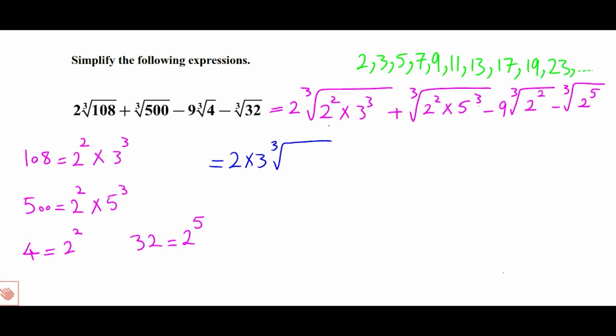So instead of writing 2 squared, I'll write 4, plus 5 times the cube root of 2 squared is 4, minus 9 times the cube root of 4.